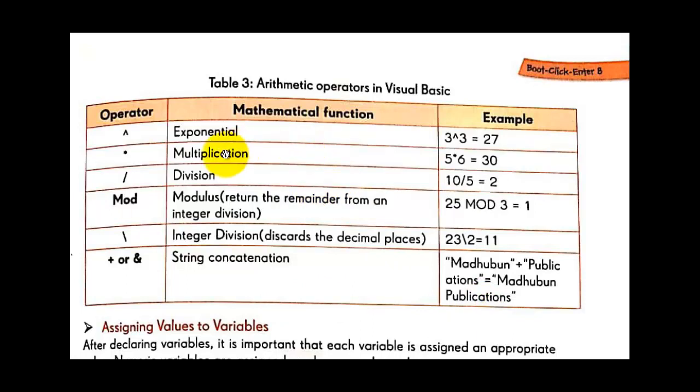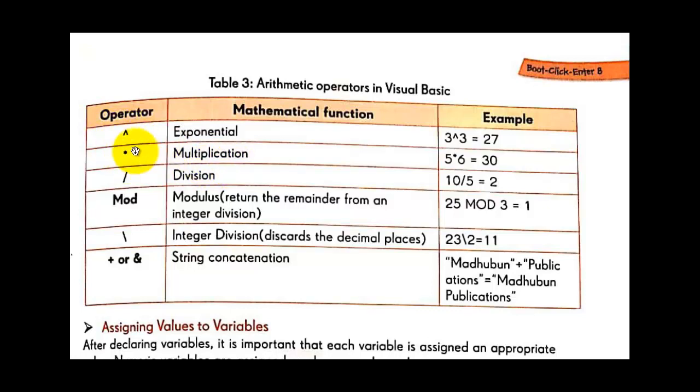I hope you understood how to use these operators in mathematical functions in Visual Basic. I have already explained the examples and told you the names of these operators. Once again, the operator for the exponent, that is power, is this symbol known as caret.